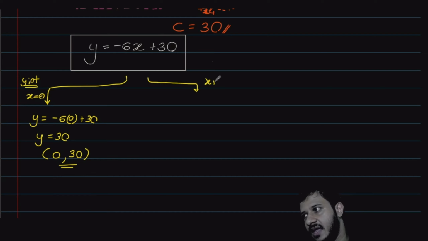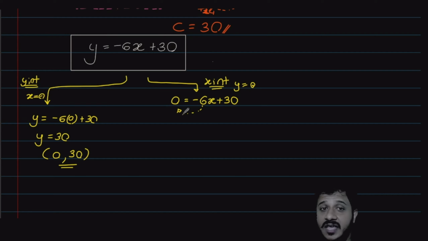And the x-intercept. At the x-intercept, I know definitely what happens: y becomes 0. That means 0 is equal to negative 6x plus 30. This negative 6x, I will bring to the other side as a positive 6x, because I don't like my variable to ever be negative. So that will be 6x is equal to 30.